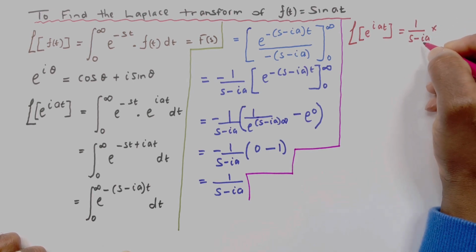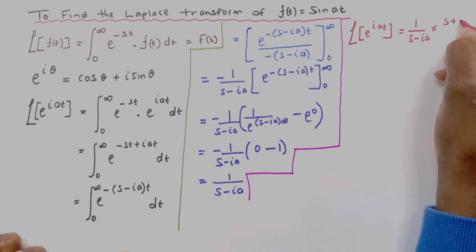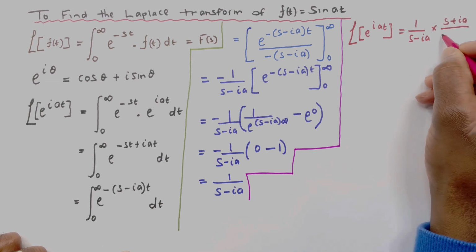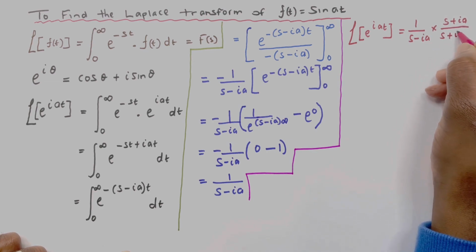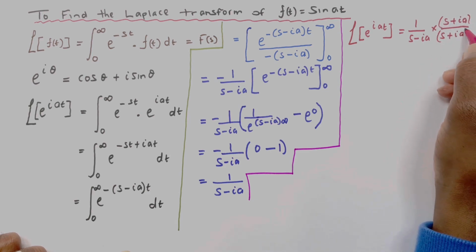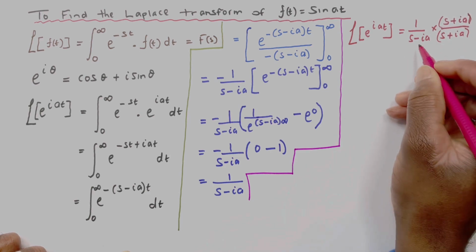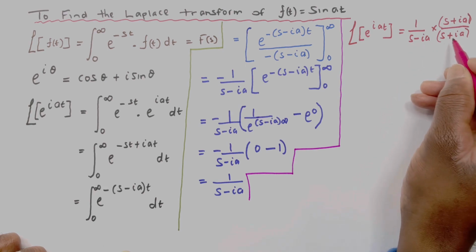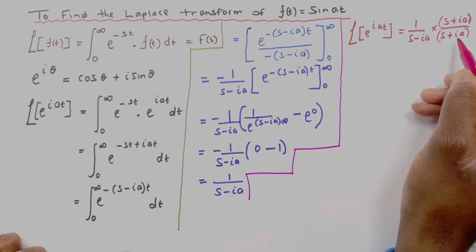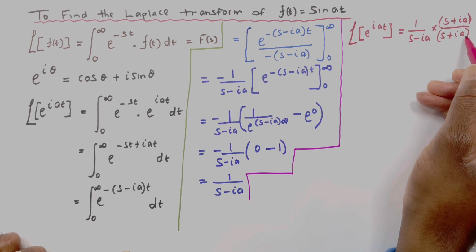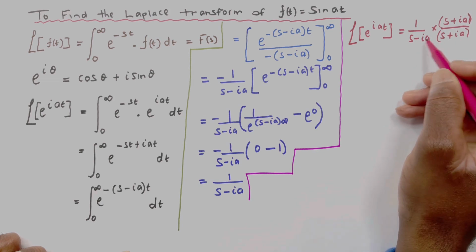The conjugate will be s plus i a over s plus i a. So I multiply both the numerator and denominator by the conjugate of the complex. The difference between the complex and its conjugate is a change in sign in front of the i.